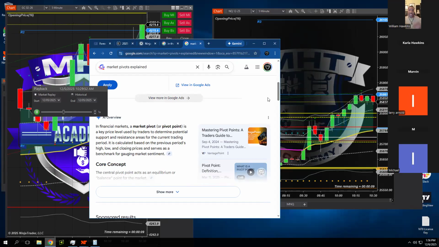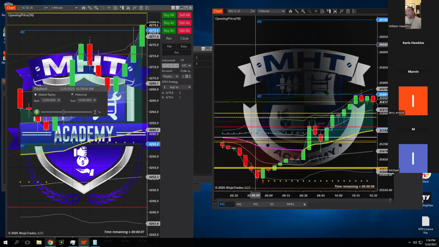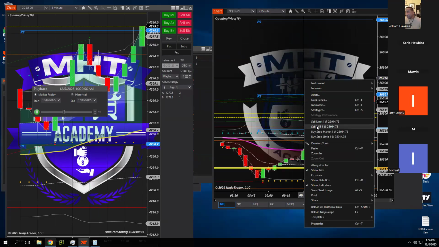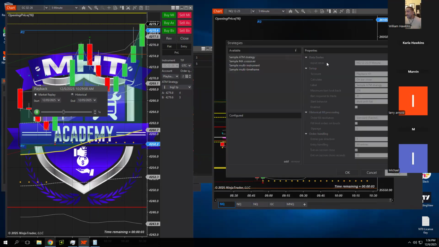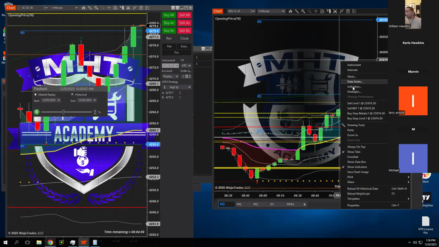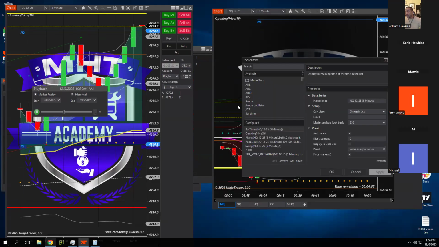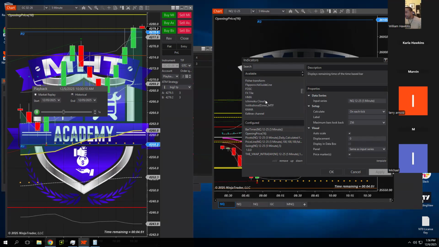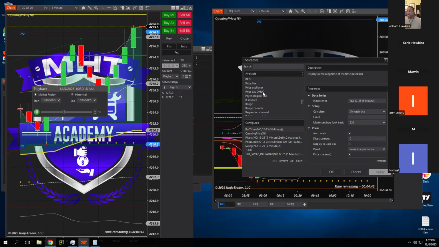So the previous day. And that's why at night, instead of marking up my overnight high and low, I also use an indicator, prior day OHLC: open, high, low, close.